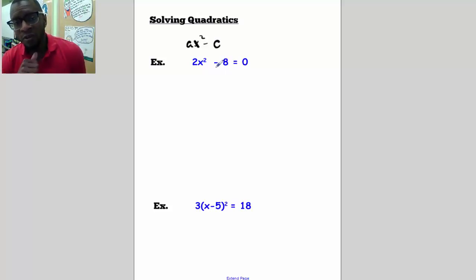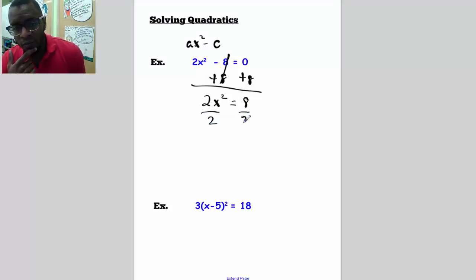So if I have 2x squared minus 8 equal to 0, in order to get rid of the negative 8, I'm going to add 8 to both sides. And so I'm left with 2x squared equal to 8. And now to get rid of this 2, I'm going to divide by 2. And so I'm left with x squared equal to 4.